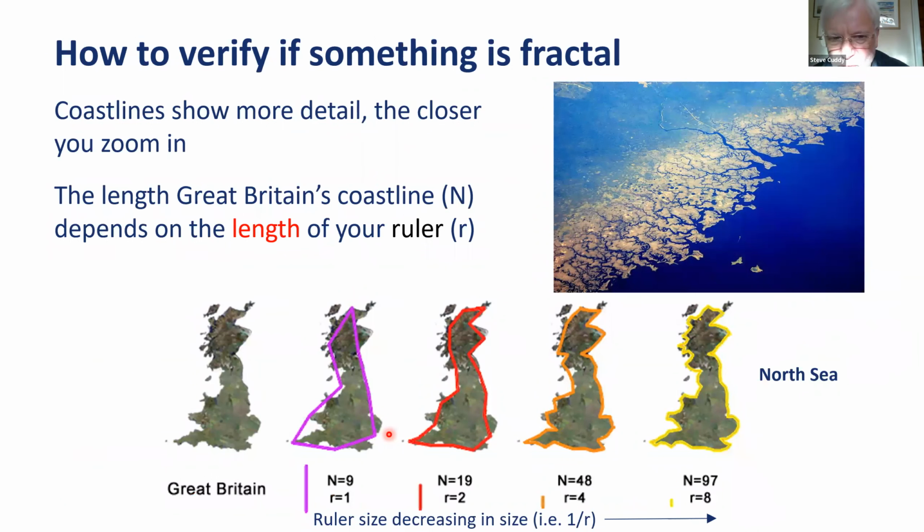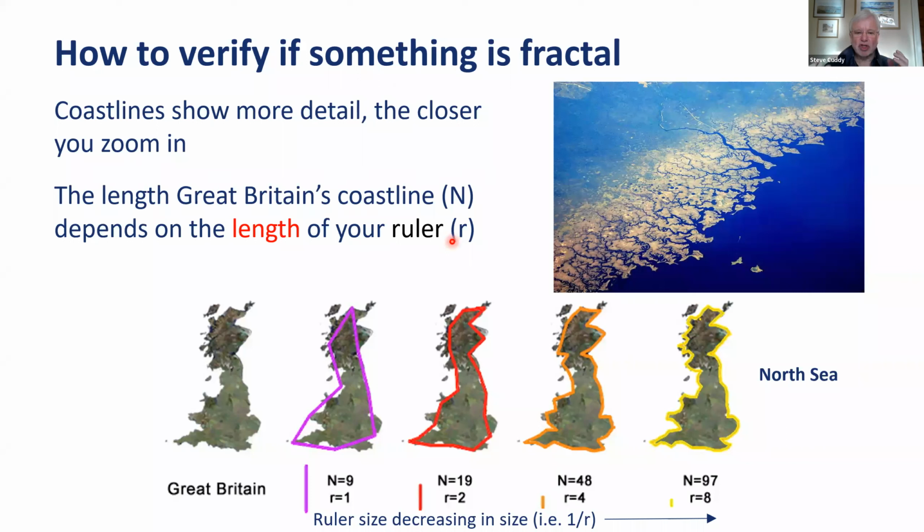But how can you prove something is fractal? Let me show you this example of Great Britain's coastline. If you wanted to measure that, you just need a ruler. So with a ruler, you can measure the coastline, but the coastline's length, n, depends upon the length of your ruler, r.